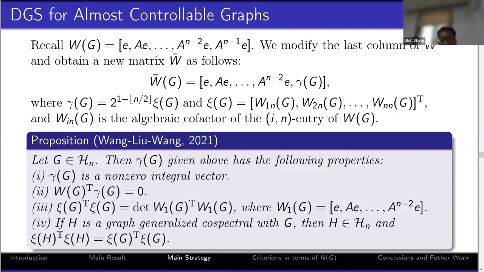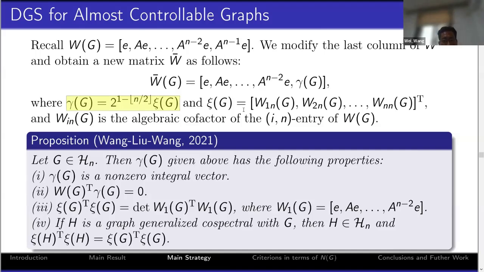Then we modify the last column of W and obtain a new matrix, bar W. We replace the last column by another vector, gamma G, which is obtained from this vector divided by an integer. It's very easy to show this vector gamma G is always an integral vector.